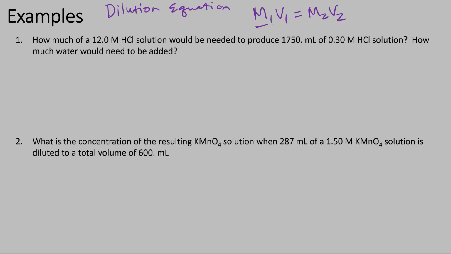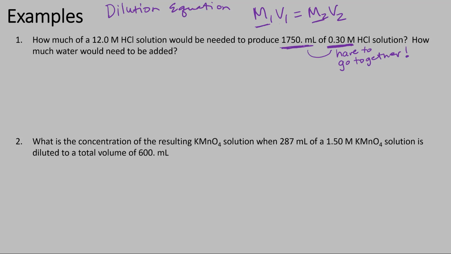Now, it doesn't matter which one you use for M1 or M2, as long as it's with the right volume. So when this says 1,750 milliliters of 0.3, those two things have to go together. So you have to make sure that if you call this M2, then this is V2, if that makes sense.